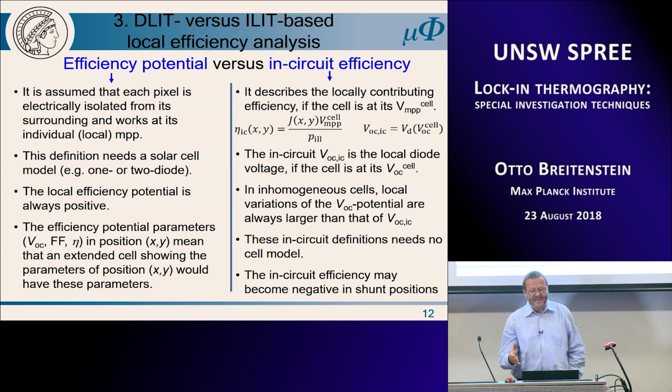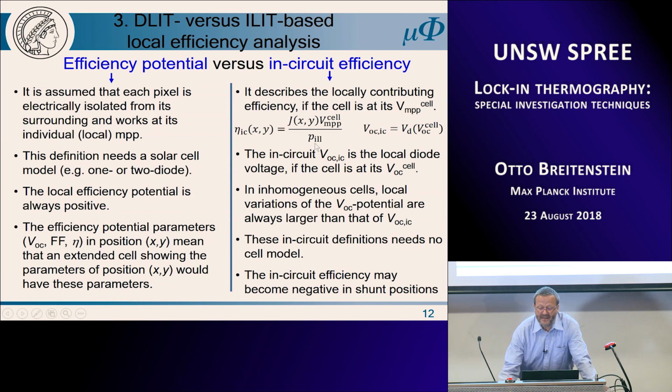On the other hand, the in-circuit efficiency describes the locally contributing efficiency if the cell is at its VMPP, at its maximum power point voltage. So this is defined as VMPP of the cell times local current density divided by the illumination power density.